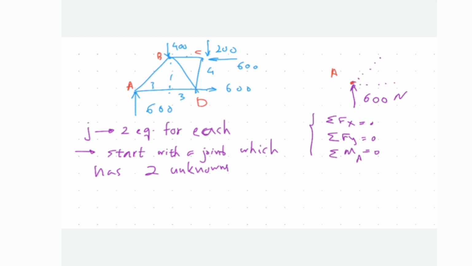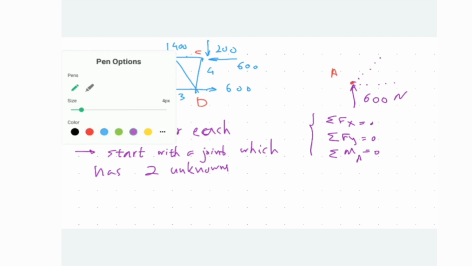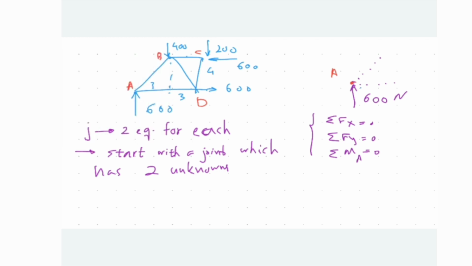Okay, I start with A here, and I put two forces over here. There is one good point regarding the direction of these forces. It's not mandatory to put them in the correct direction, meaning that it's totally arbitrary to put them, for example, going upward or downward or to the left or right here.